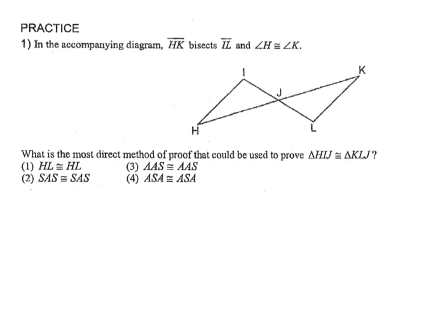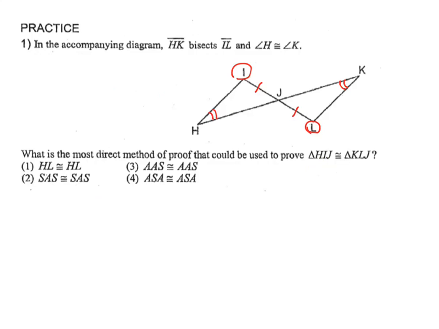Let us look at some practice questions here. Number 1. HK bisects IL. That means IL is being bisected here. That tells us that IJ is congruent to LJ, and angle H is congruent to angle K. Then notice that we have two conditions so far. What is the most direct method of proving these two triangles being congruent to each other?